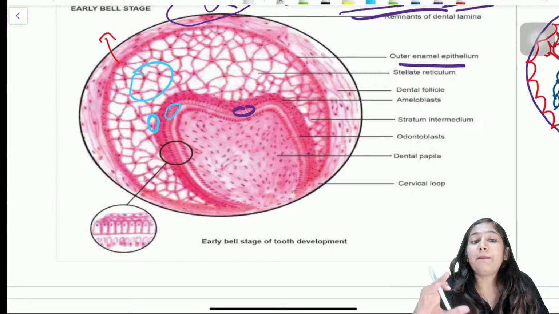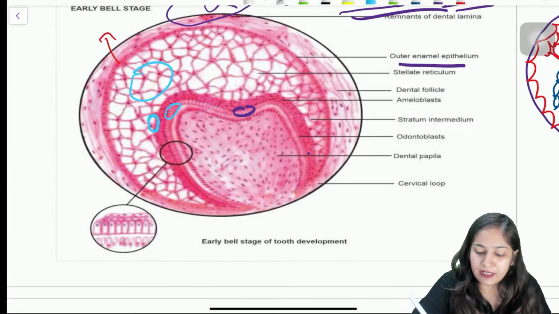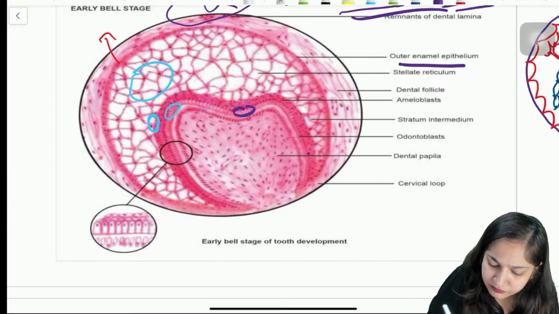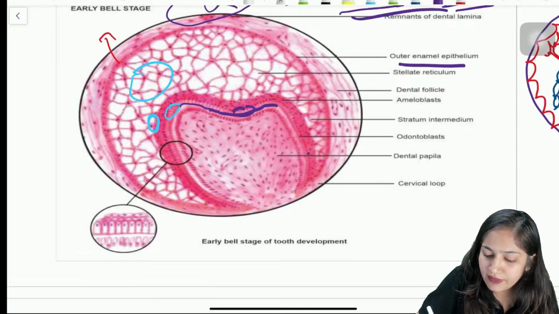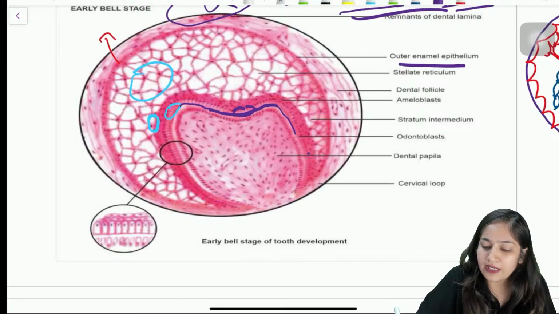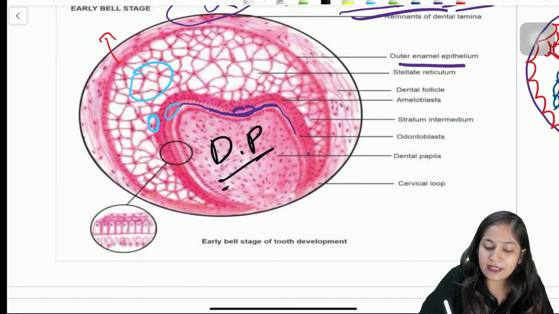Now, a basement membrane is present between the inner enamel epithelium and dental papilla. This purple line, can you appreciate? This is our basement membrane. And just next to that, we have our ectomesenchyme, which is our dental papilla.